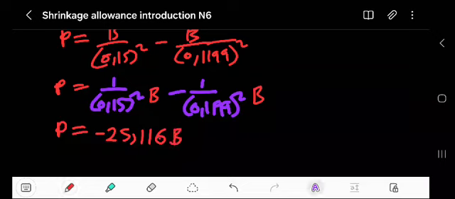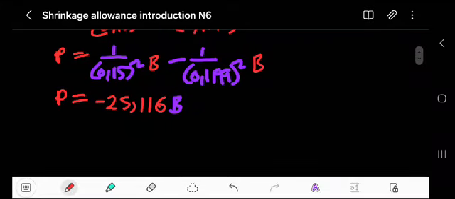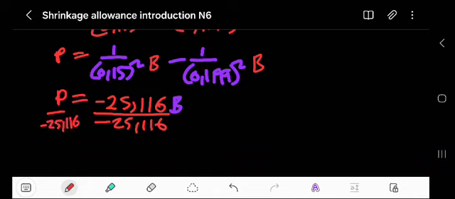But we're supposed to have a and b, isn't it? First we calculate a and b, so I'll make b the subject. Remember, we're supposed to have b, so we'll divide by minus 25,116. This will fade away.